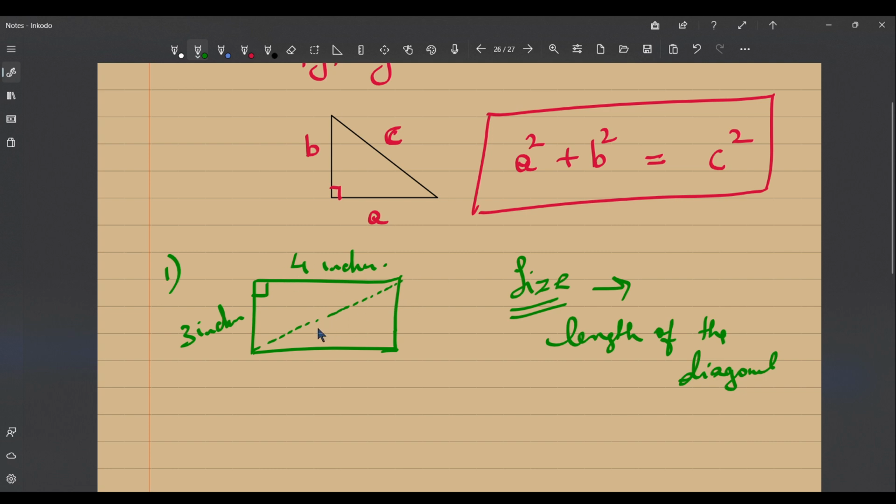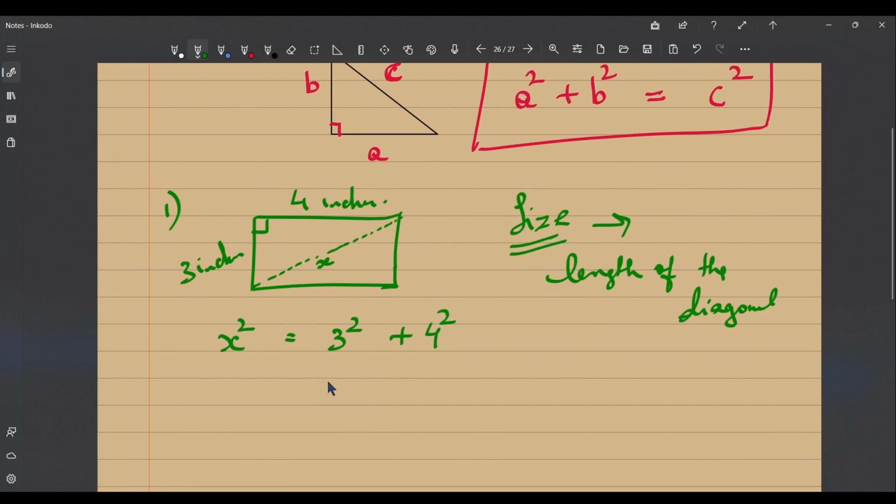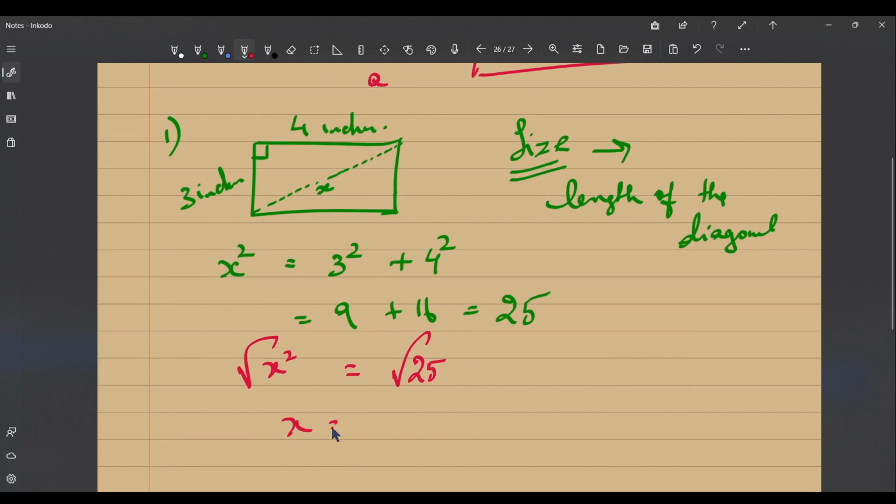If I call this x, then according to Pythagoras theorem, x squared is equal to 3 squared plus 4 squared, or x squared is equal to 9 plus 16, which is 25. But we need to know x, so we'll have to take the square root of x squared, which is x, equal to square root of 25. So x is equal to 5 inches, or 5 inches is the size of the mobile screen.